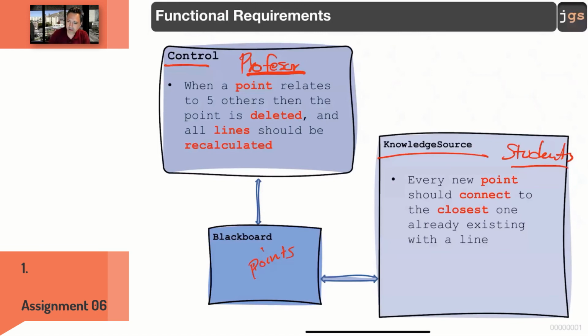And when you have one point that is connected with five others, the responsibility of the professor is to delete that dot. So I have my dots and the lines. If one of the dots is connected with five others, we delete that one, and obviously all the lines that are connected with that dot.